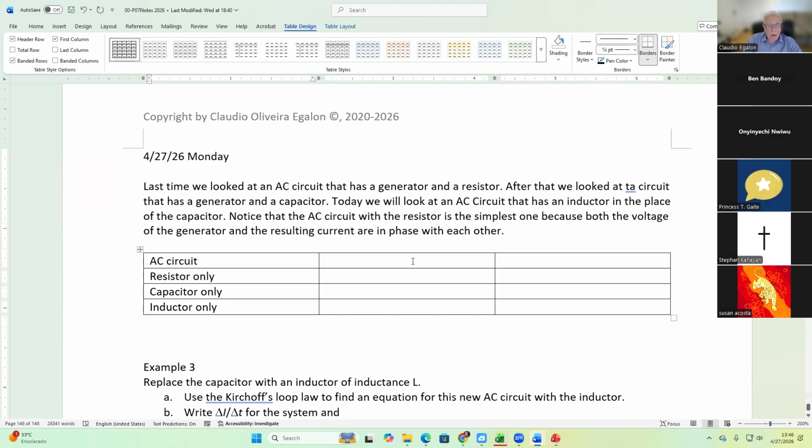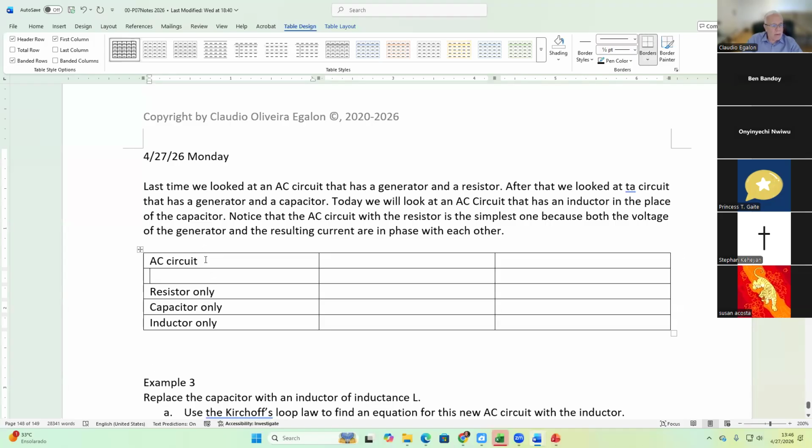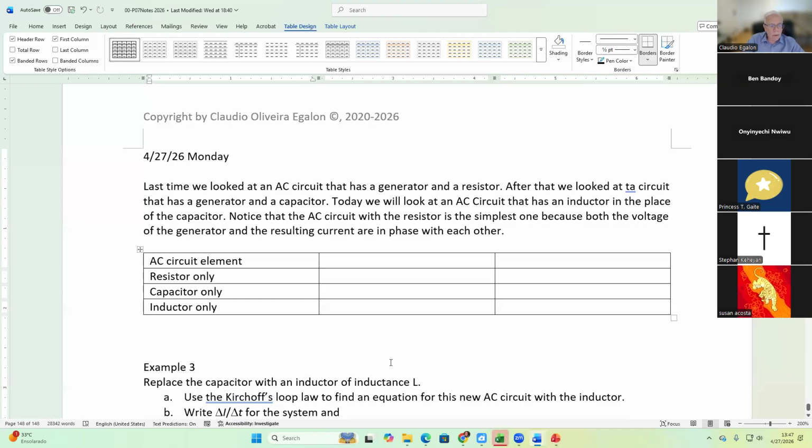Here the AC circuit element, the voltage, the current in amps, like that.